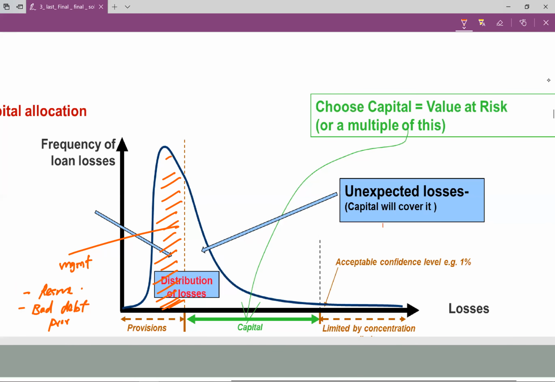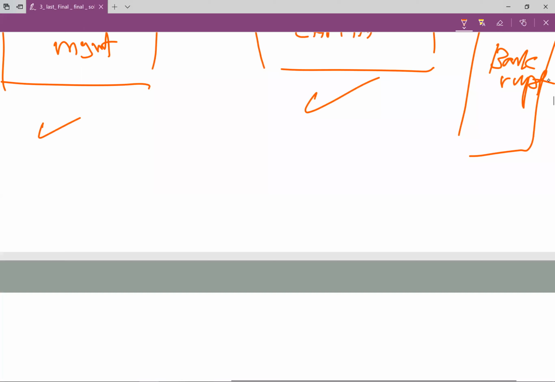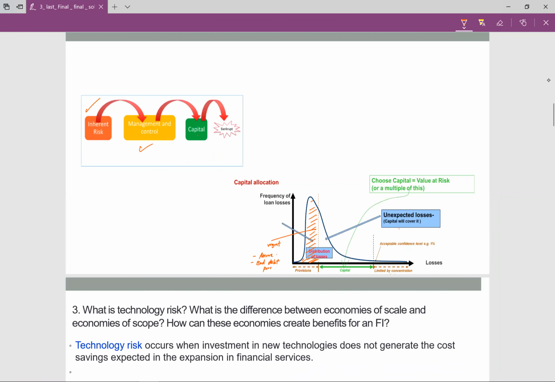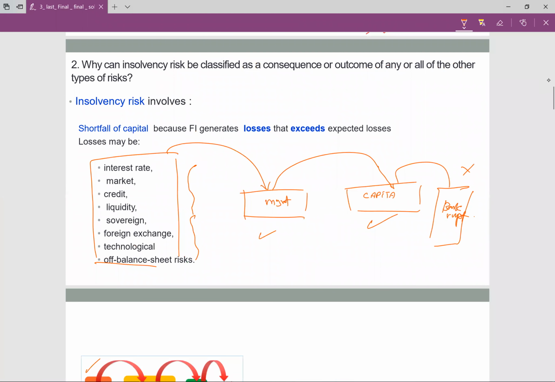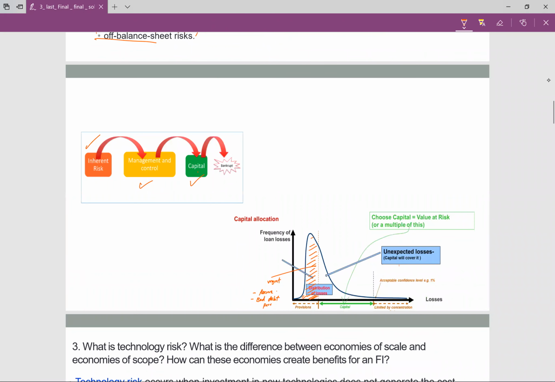The capital should be the green one. So if the management is not enough, it will go to the capital, as I told you, this one. Hopefully this area will be enough. If not enough and it continues here, then I am gone.